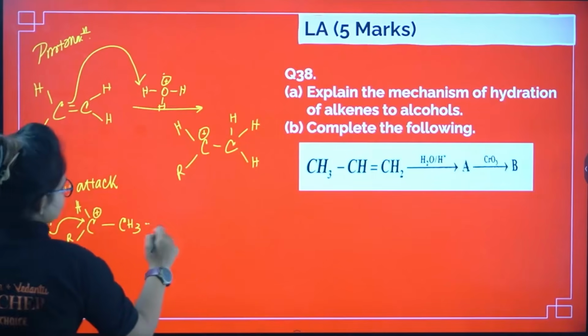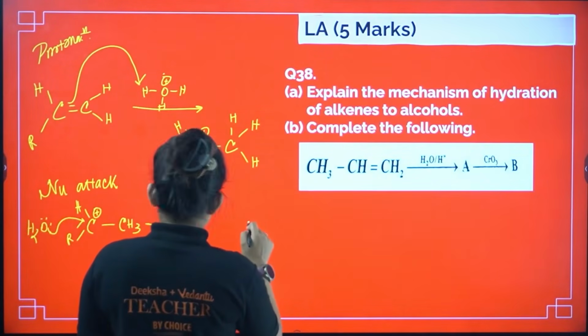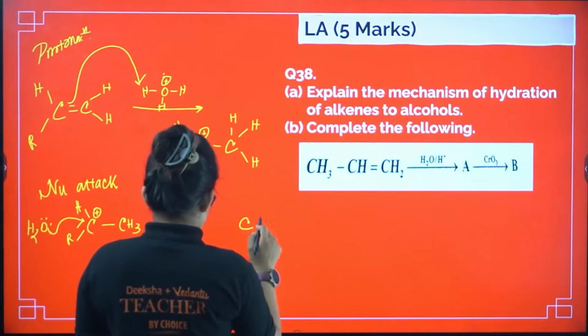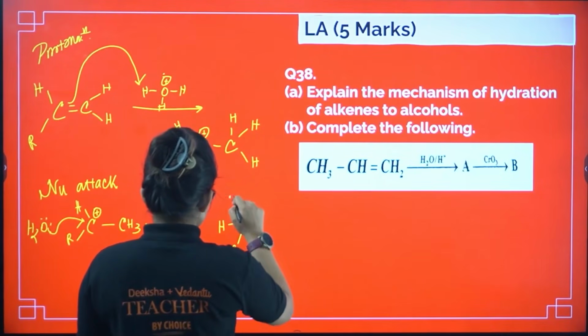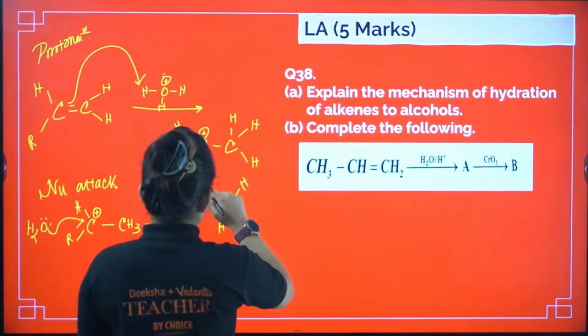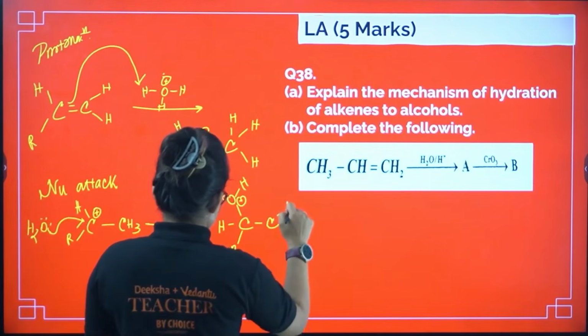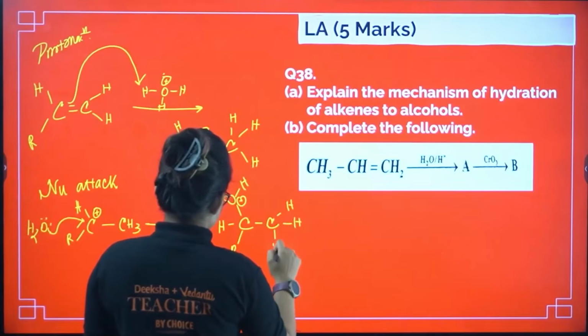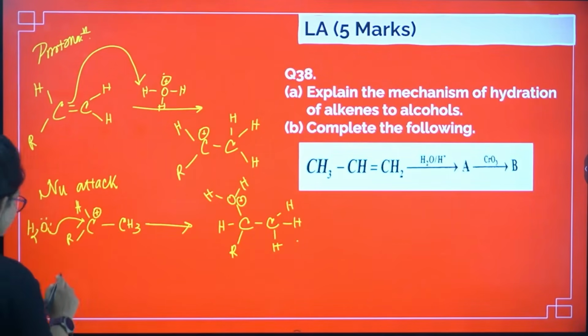As a result of this, you will end up with something like this. Carbon, here one hydrogen, here one R group, here one OH2 with a positive sign, right? And here I am having 3 hydrogen. This is the nucleophilic attack. Next is deprotonation.